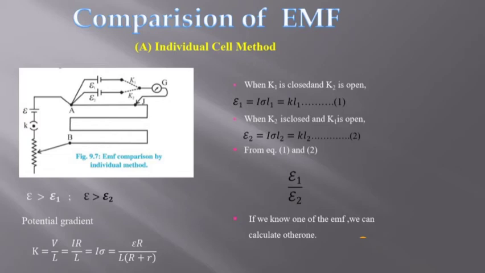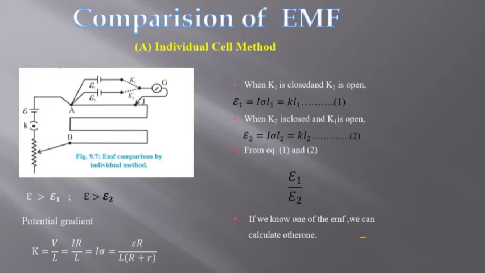Jockey is touched at different points on the wire and the null point is obtained, for which the galvanometer shows zero deflection. Consider L1 is the length of the wire between the null point and the point A, and L2 is the length of the wire between the null point and point B.